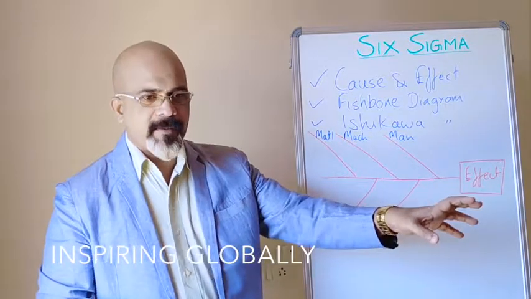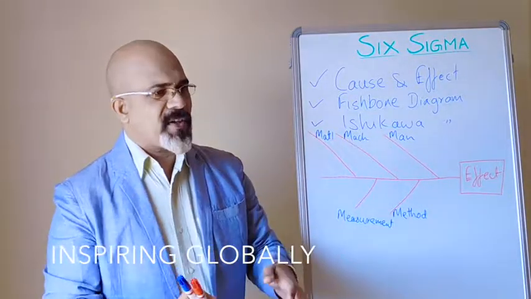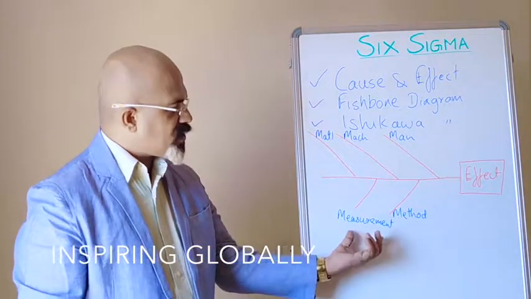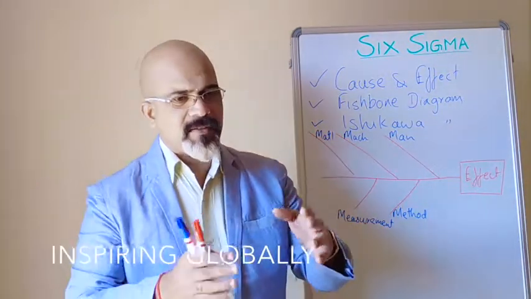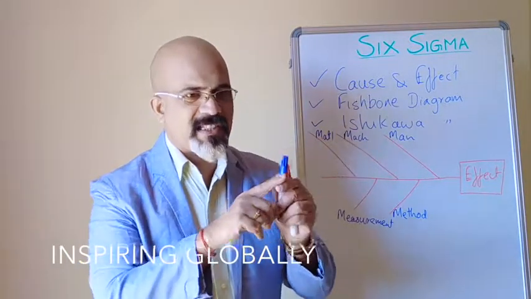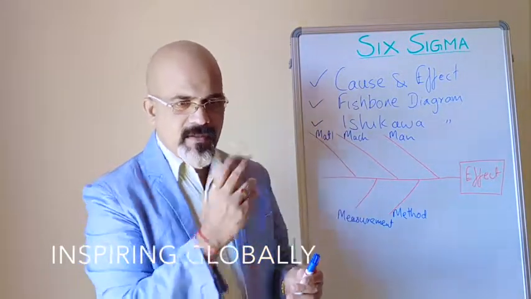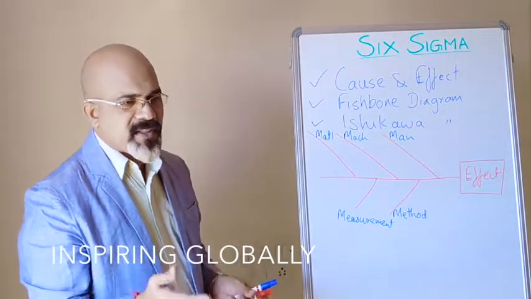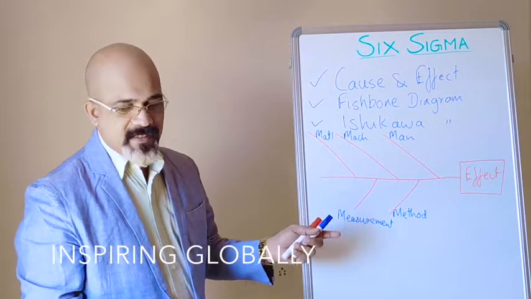But actually the product is the same, right? Just because the way you measure is different, it shows a different measurement. So they measure it differently, that is why it shows like a difference. Otherwise they are all the same.